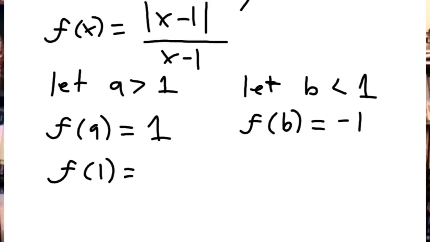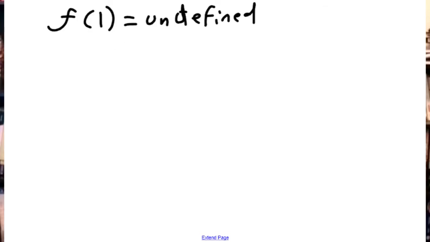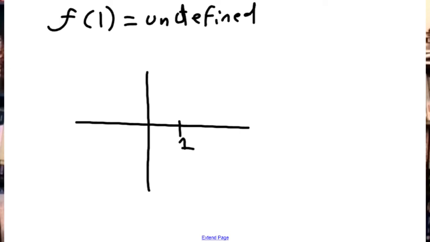But how about when we take the function at 1? That, of course, is undefined because it makes our denominator 0. So I'm going to use these three understandings to plot the graph of this function. I need to mark 1 here and 1 there and negative 1 there.